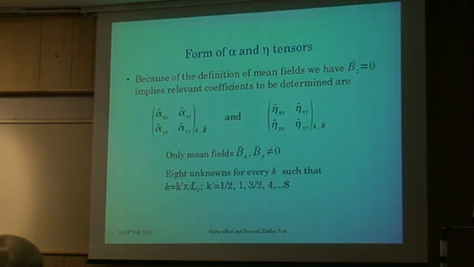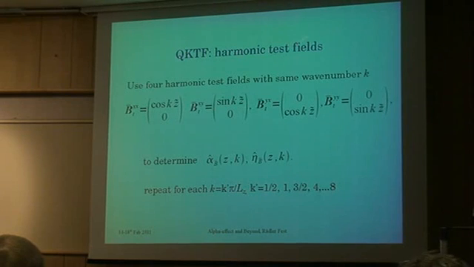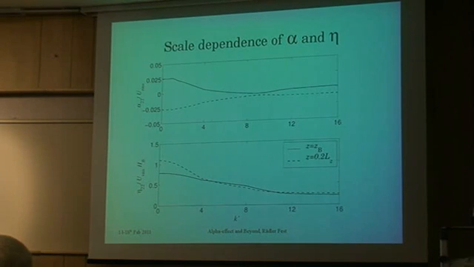So we solve the test field equations for each K, with all half integral as well as integral values which can fit into the box. And these are the test fields which we call the harmonic test fields, and they are either cos kz or sin kz. And then we determine these hatted quantities. And when we do that, we find that these alpha tensors and the eta tensors are actually smooth functions of K.